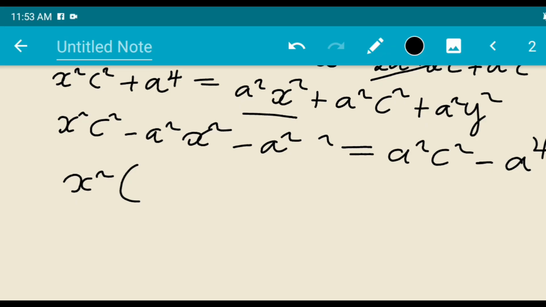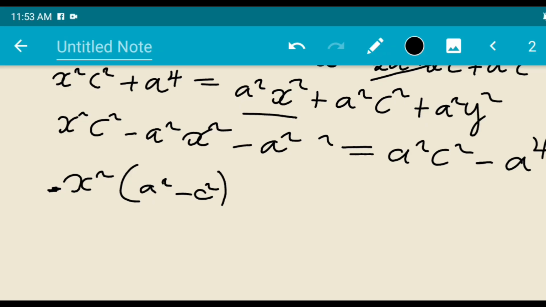Then we're going to remain with c squared minus a squared, but that's not what we want. We want the a to be positive. So as we factor out together with the negative, this becomes negative c squared plus a squared. When we rewrite this, it is going to be a squared minus c squared. We close.